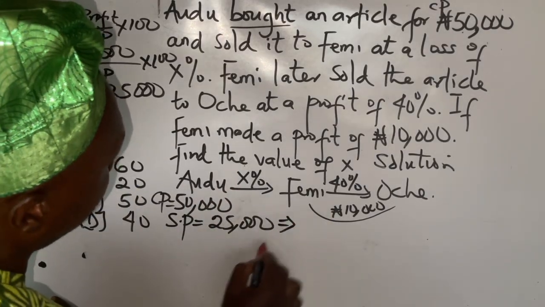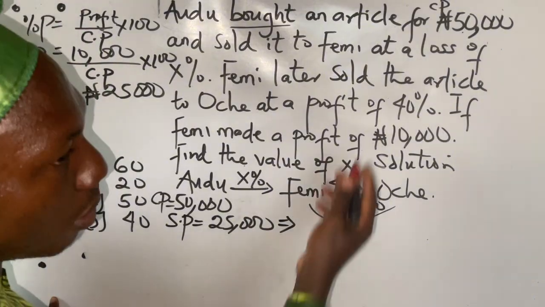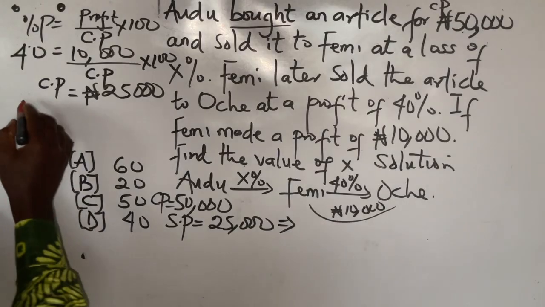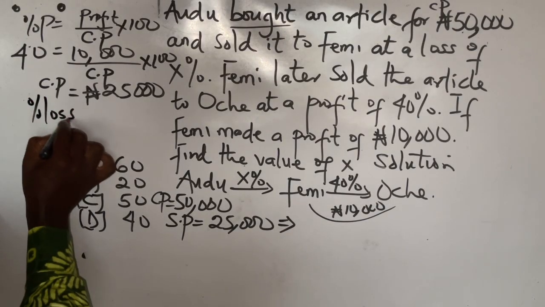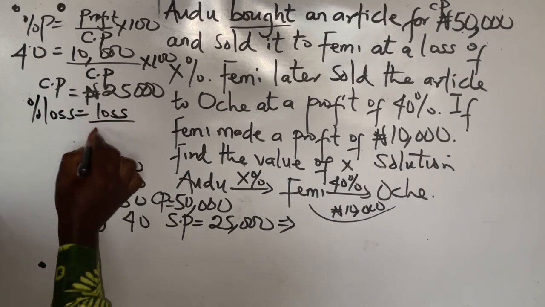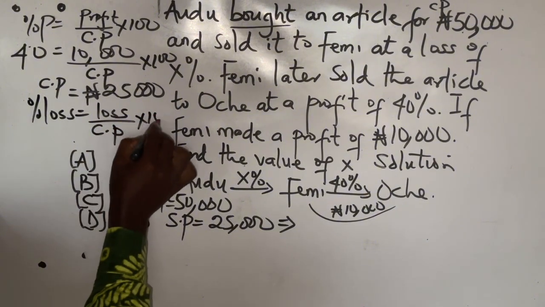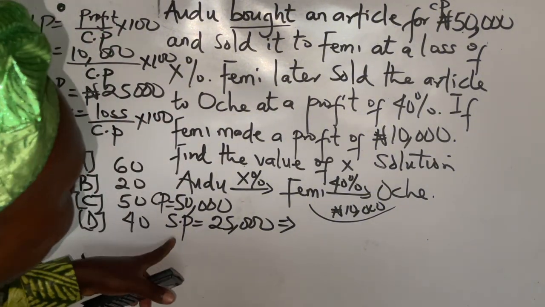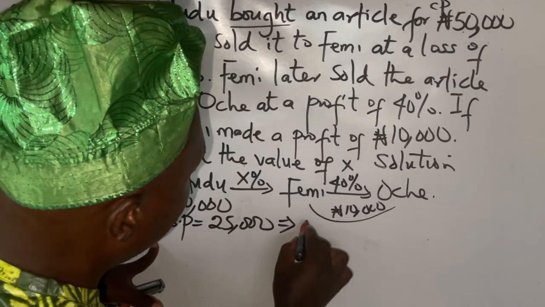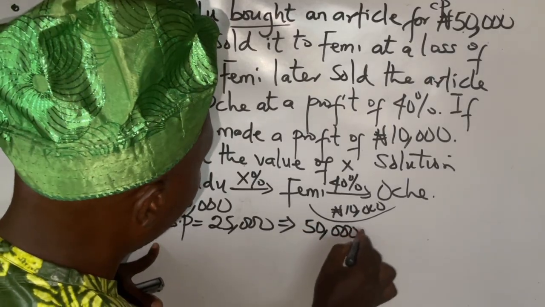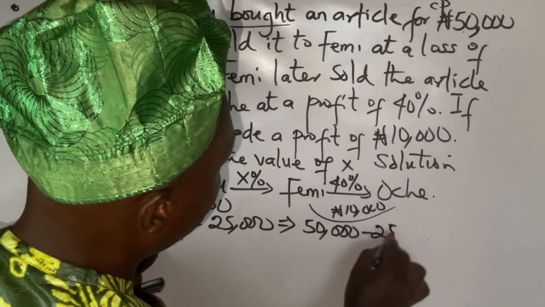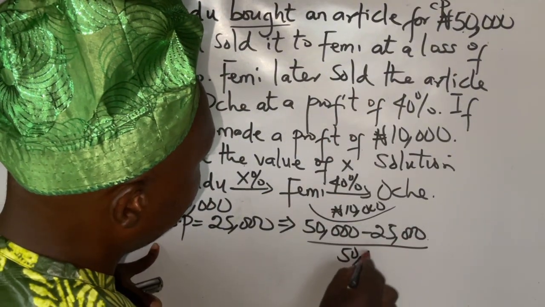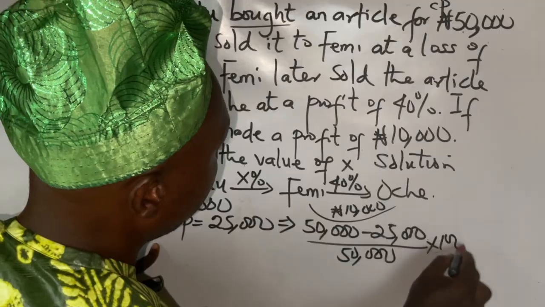We have percentage loss: loss over cost price times 100. And our loss will occur when the cost price is greater than the selling price. So I'm taking 50,000 minus 25,000, and our cost price is 50,000, times 100.